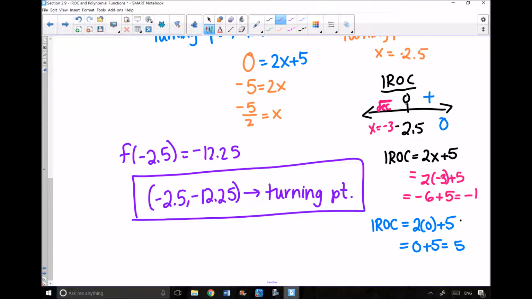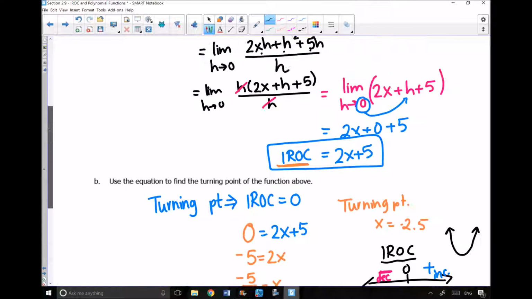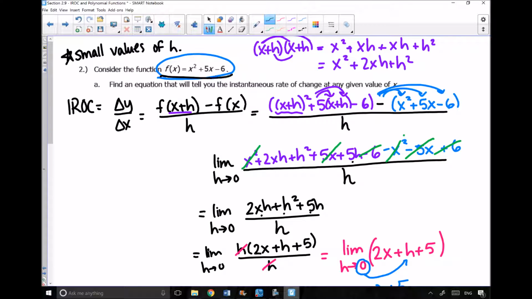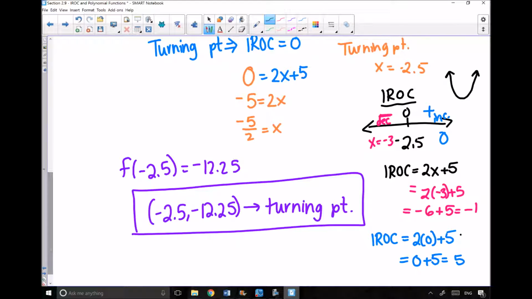It turns here, and then it's going to be increasing here. So therefore my graph will look like this, which should make sense to you because we have a parabola. And the leading coefficient is positive, so we know that our parabola is going to open up. Okay, so therefore we can say that this turning point right here is also our minimum.